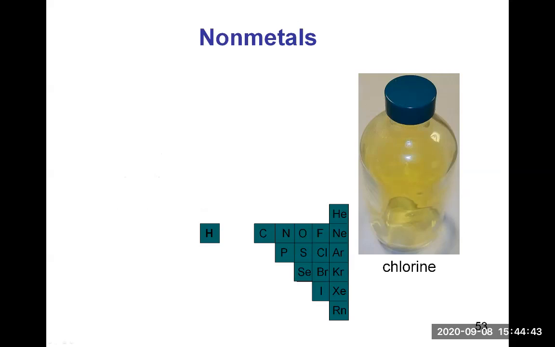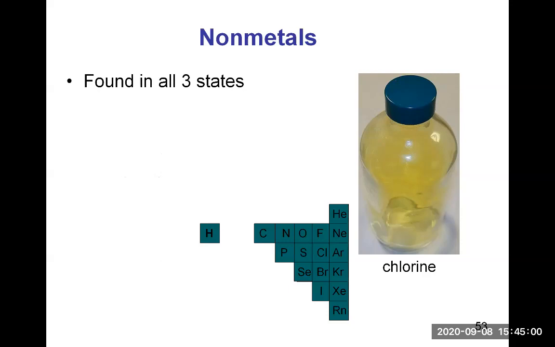Non-metals, as the name says, have properties opposite to metals. And so non-metals are found in all three states: solid, liquid, and gaseous.